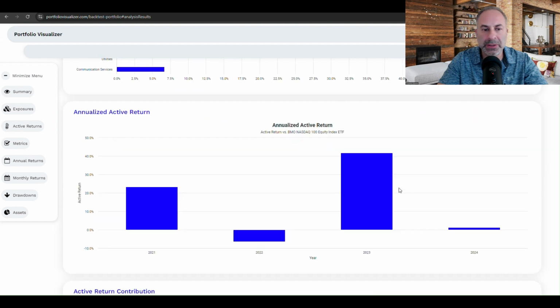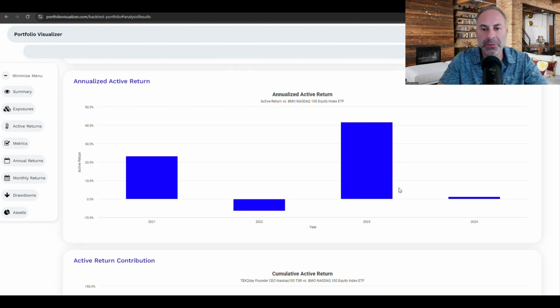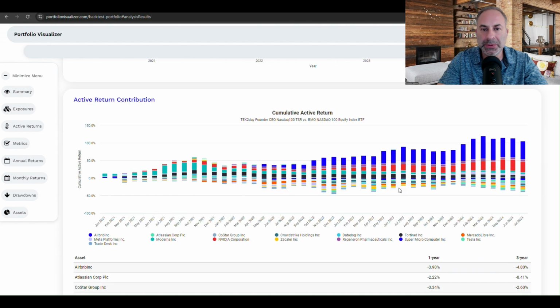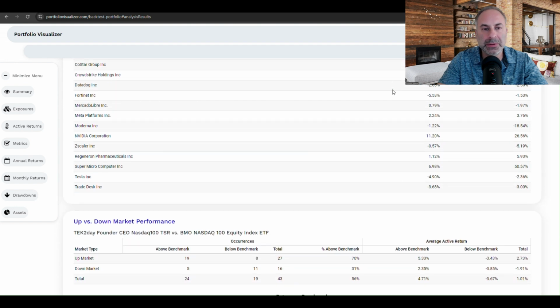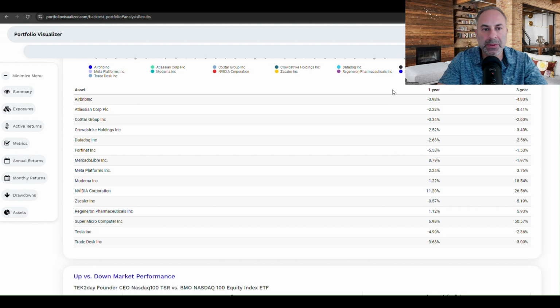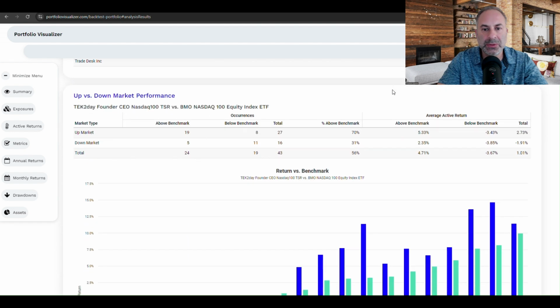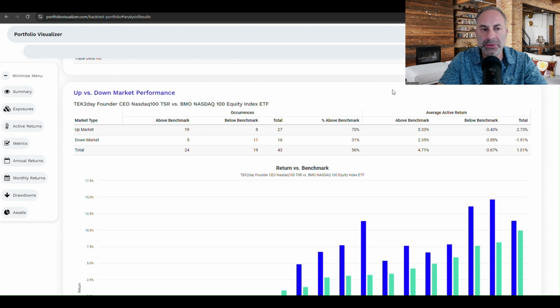Annualized active return, I haven't looked at that before. Cumulative active return, sort of a time series for each company. I haven't seen this type of data before. That's kind of interesting. We'll look at that after the fact. 1 year and 3 year returns for each company. Up versus down market performance. Kind of interesting.